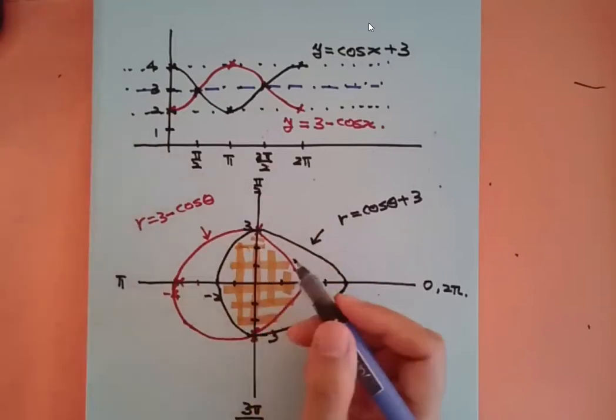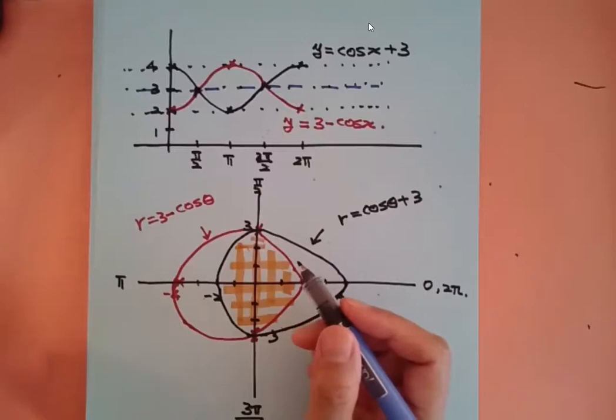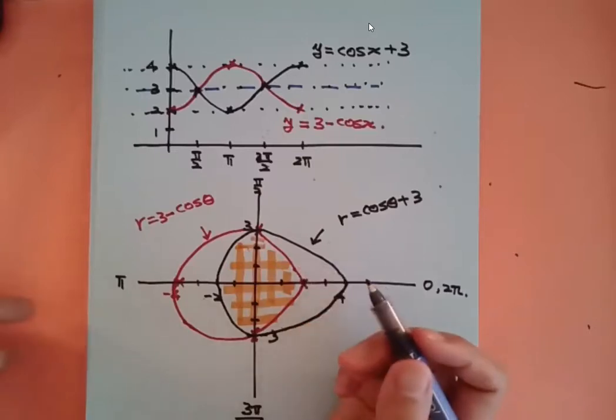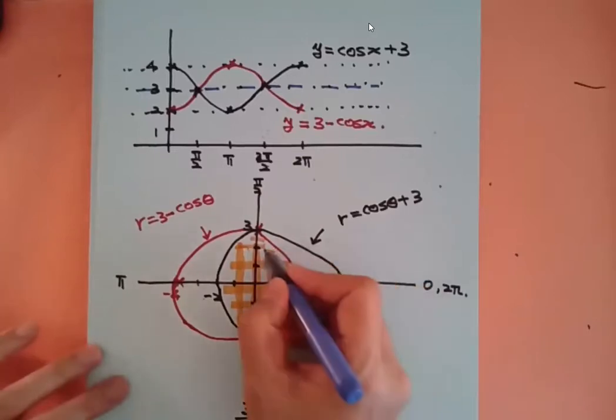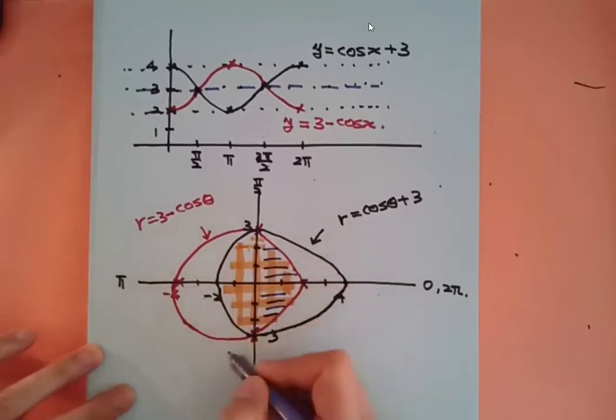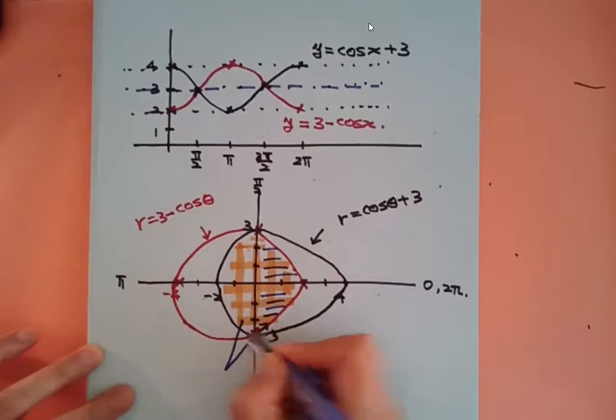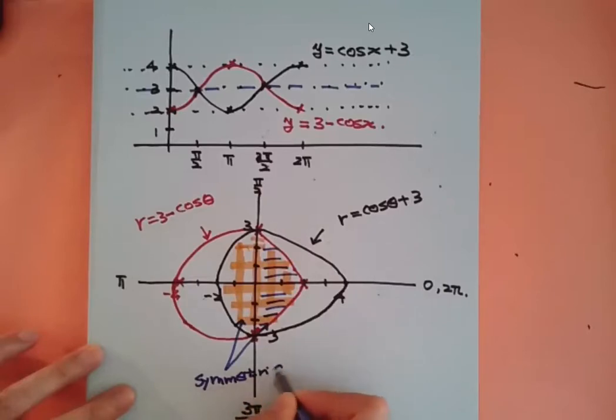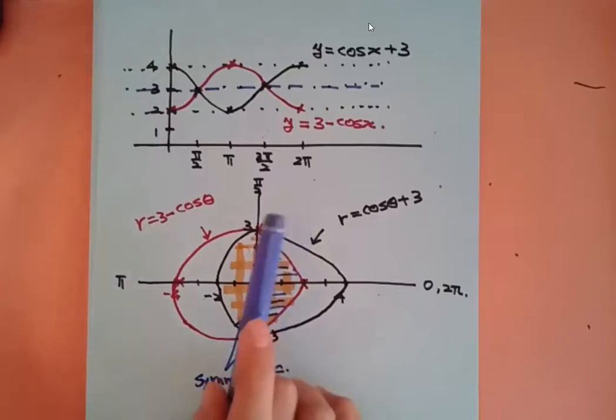And so what we will do is calculate only this area because those are symmetric, and then we will double the area.